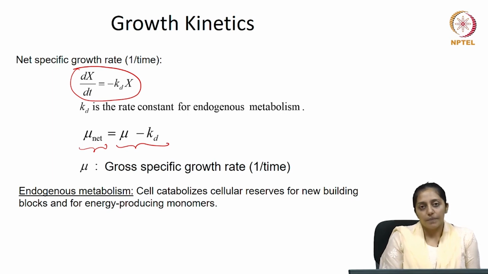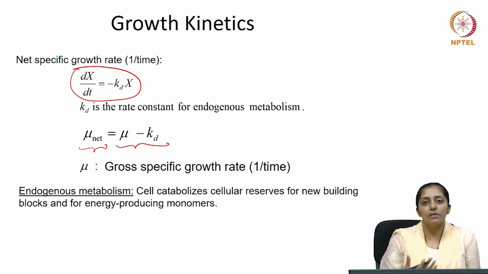So, in endogenous metabolism, to repeat, the cells start catabolizing the cellular reserves for new building blocks and for energy producing monomers. This is termed under maintenance energy. If the maintenance energy is high, then the effect of Kd on the net specific growth rate will be significant enough that you cannot ignore it.